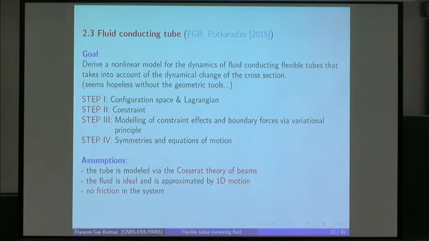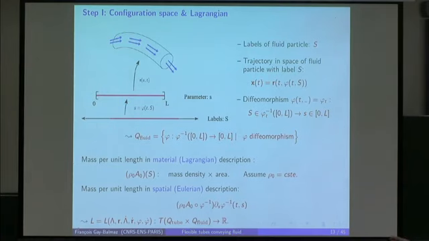So we assume no friction. We can include friction, but for simplicity we assume no friction in this talk, and we approximate the fluid by just 1D motion. We can do more, but just for here, for simplicity, it's already quite involved.